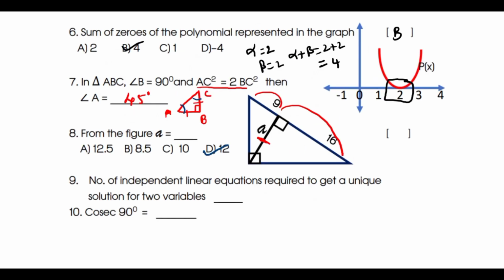Okay. Number of independent linear equations required to get a unique solution for two variables. Generally, take a linear equation with one variable, for example 2x minus 4 equal to 0.